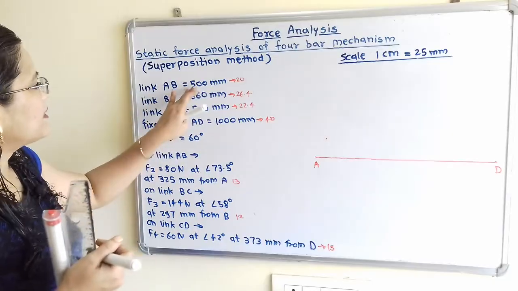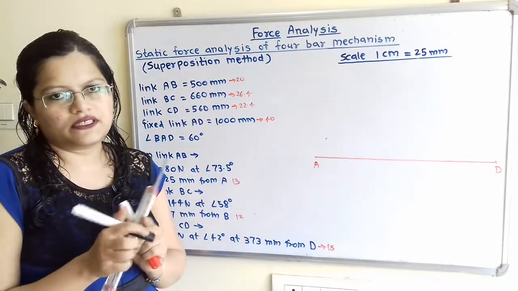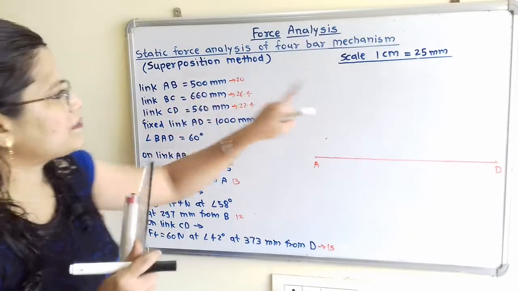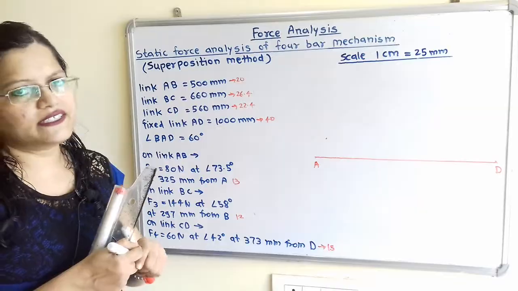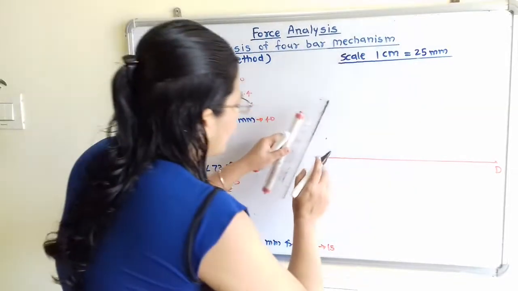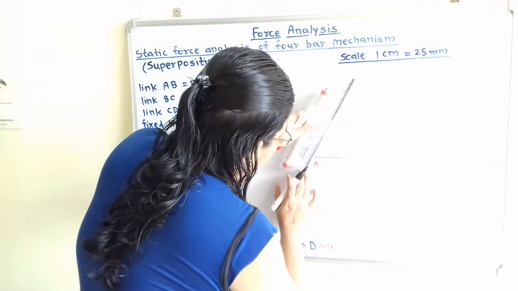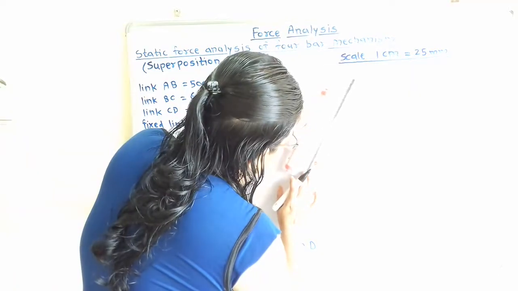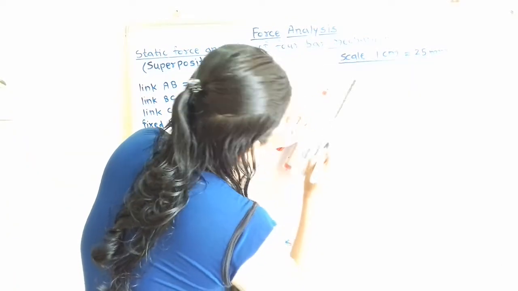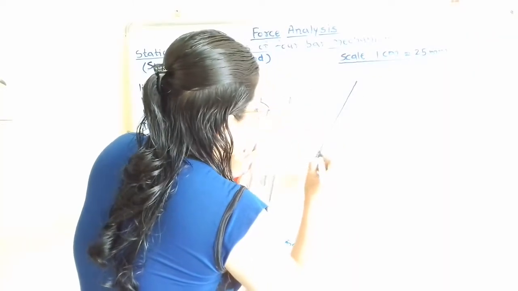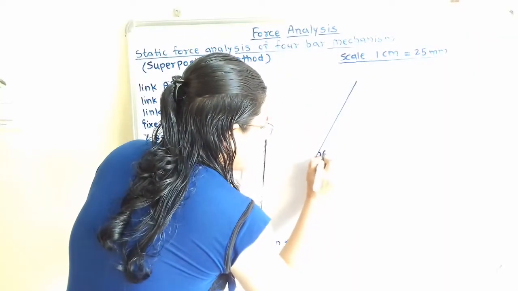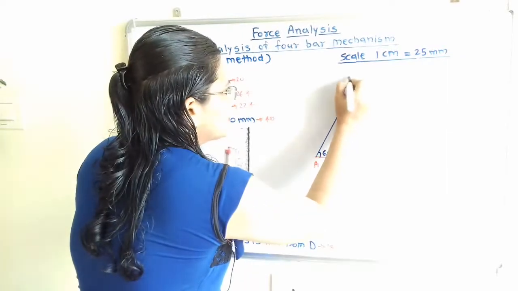So link AB is given 500 mm, that means 500 divided by 25, which is equal to 20 cm. So I will draw here one line of 20 cm. And here this angle is 60 degree, that we have to mention, and this point is the point P.